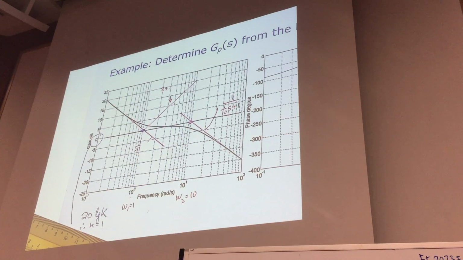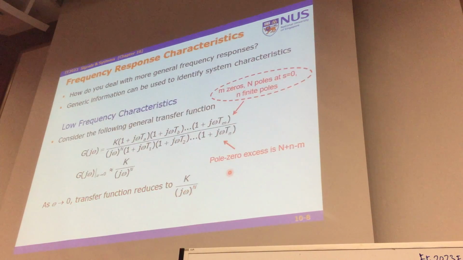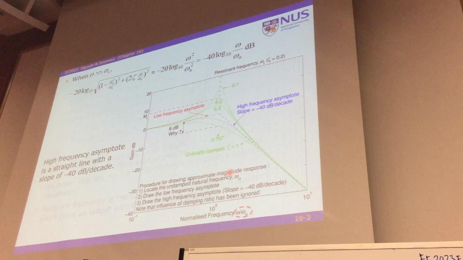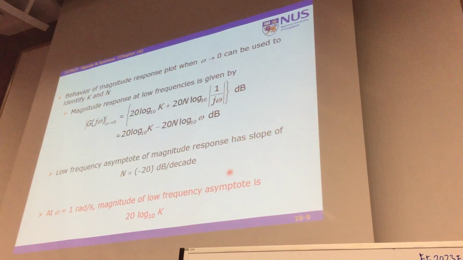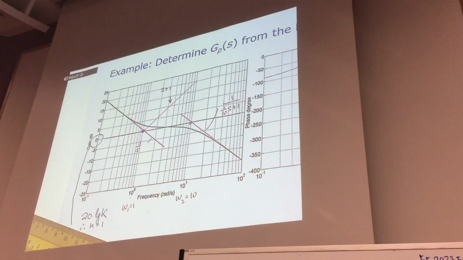Based on the low frequency asymptote, then here, at 1 radian per second, the magnitude of the low frequency asymptote is 20 log K. Alright, so the last part, so we found K is 1.